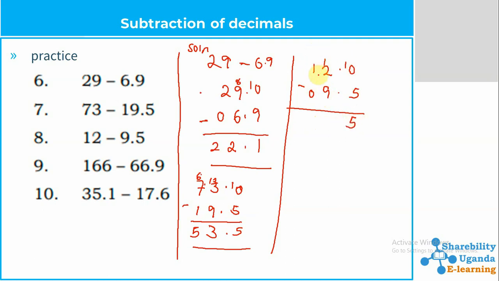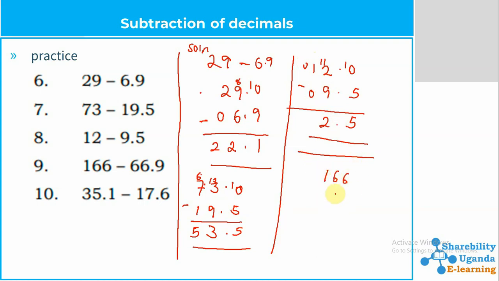This is going to be what? 1 minus 9, which is impossible. We borrow 1 from here, here remains 0, so this becomes 11. 11 minus 9, we get our answer 2. So this answer should be 2.5.